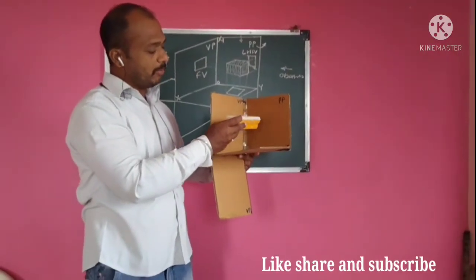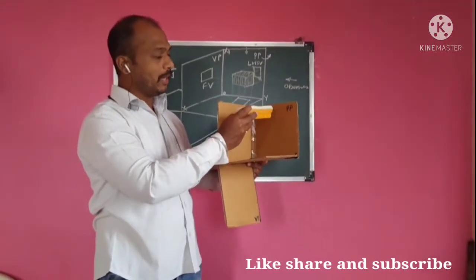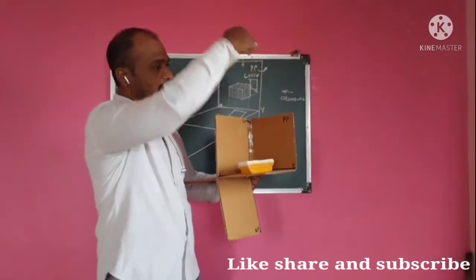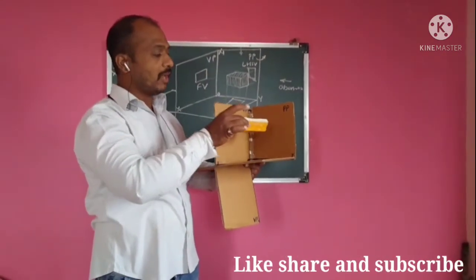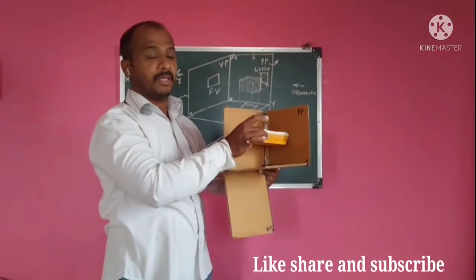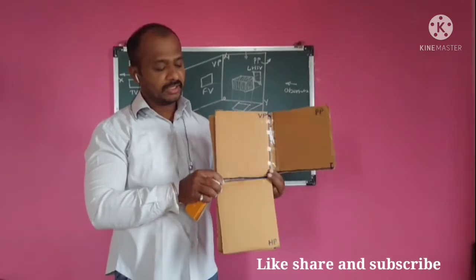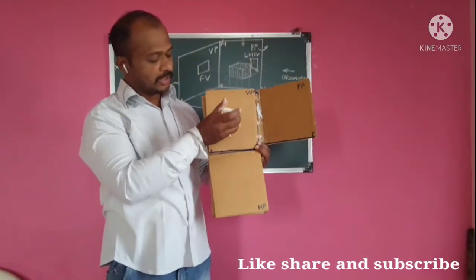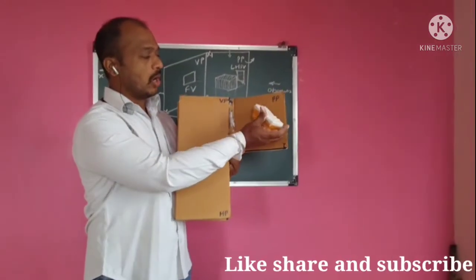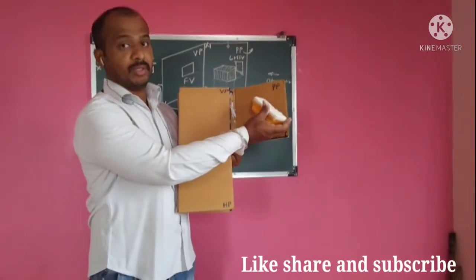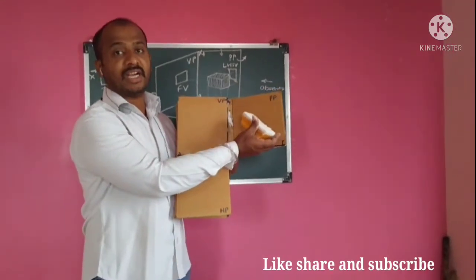Its front view will appear on this VP, the top view will appear on the HP, and the side view will appear here on this PP. And when I rotate it, the front view will be here, the top view will be below the XY line, and the side view will be on the right side of the front view, because this is the left hand side view.